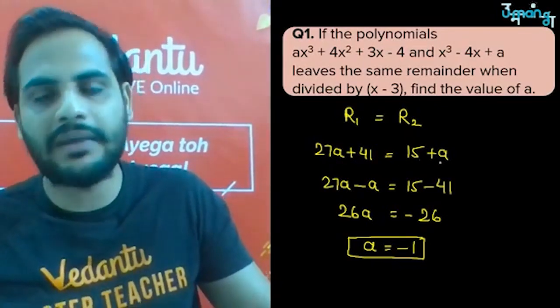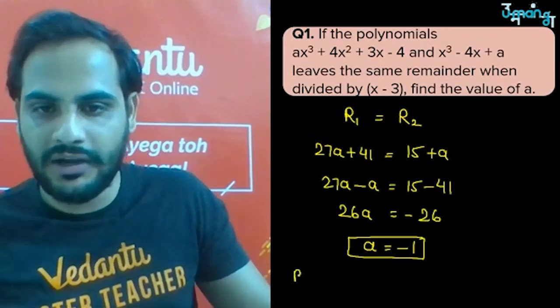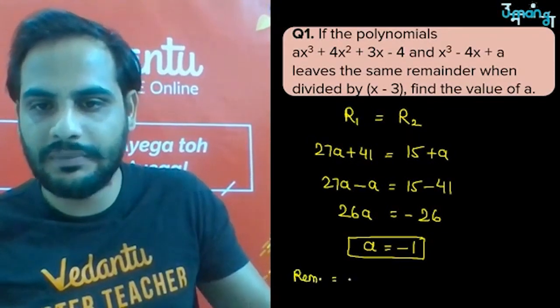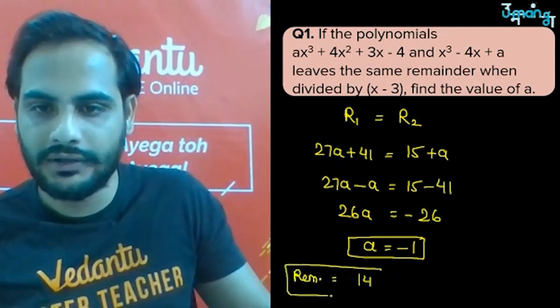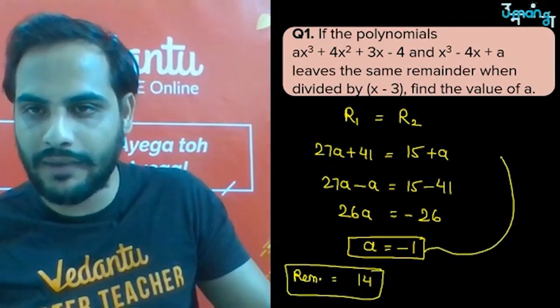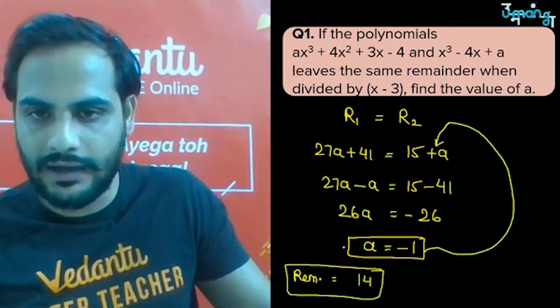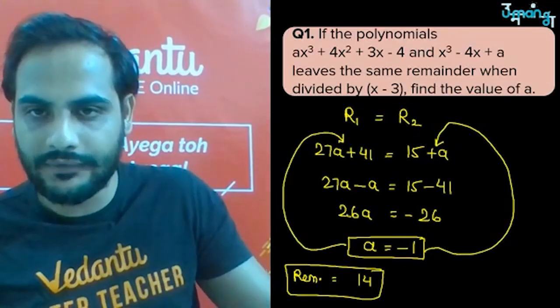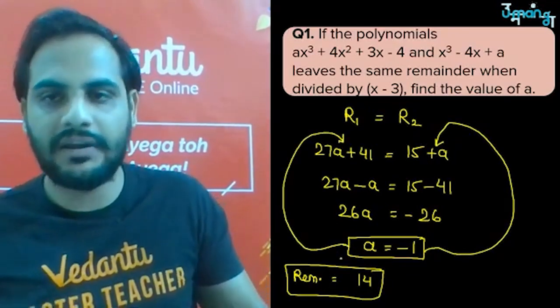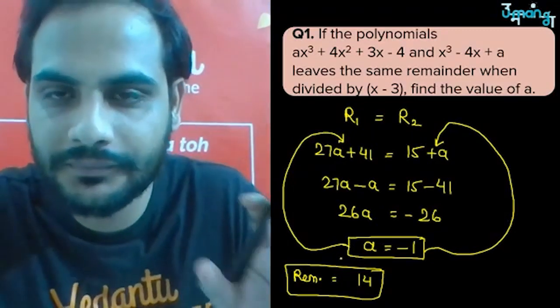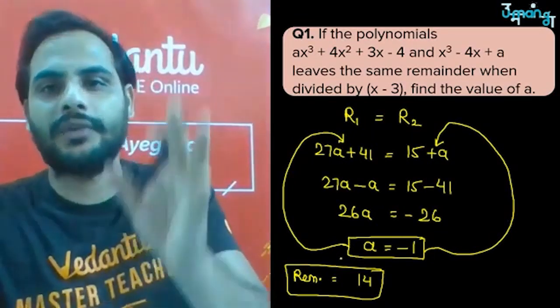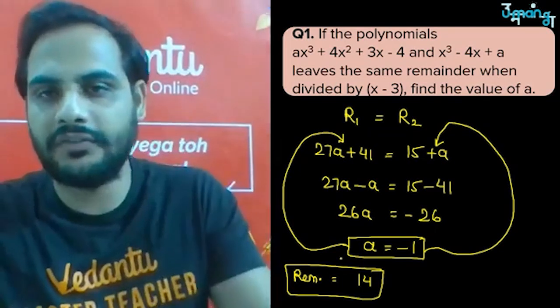And here also 15 minus 1 is again 14. So your remainder will be equal to 14. How will you get it? Put a is equal to minus 1 either in r2 or in r1, whatever you want, because the remainder at the end will be equal. Got it? So this is very important question where remainder theorem is used.